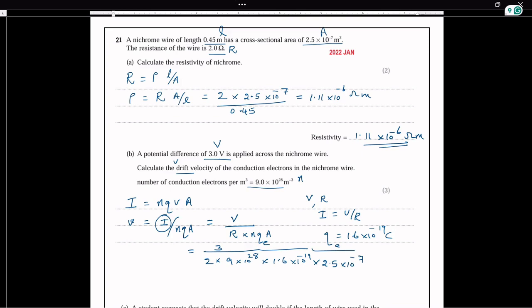Please make use of your calculator to substitute all the values and calculate.